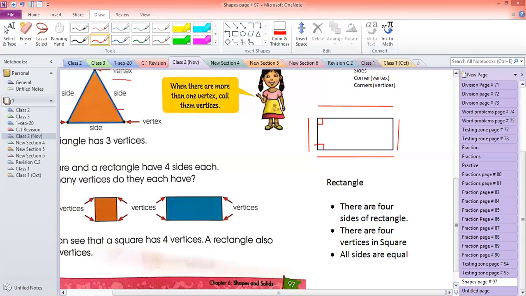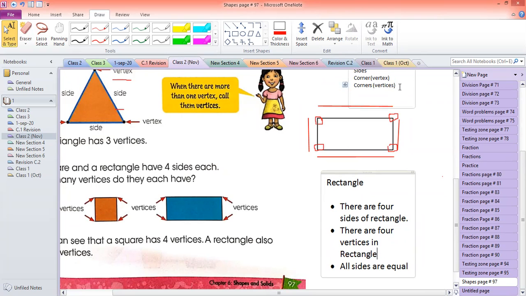This corner is meeting here. This is also a corner, third corner, and this is our fourth corner. So there are 4 corners, which means 4 vertices. There are 4 sides and 4 vertices in a rectangle.